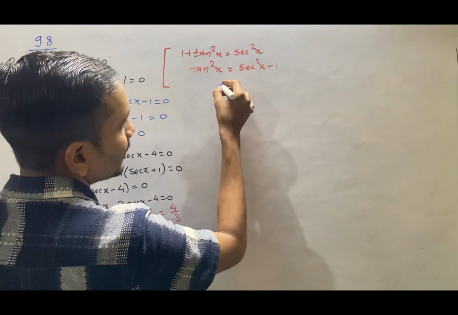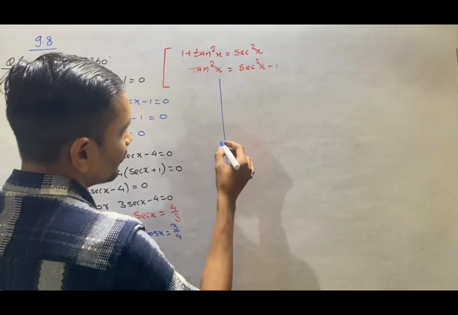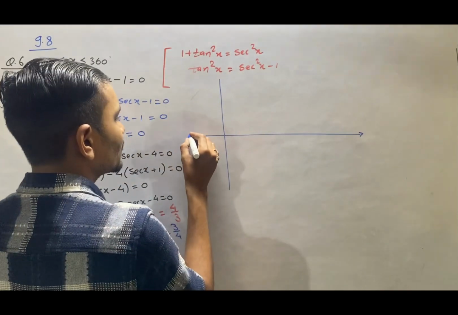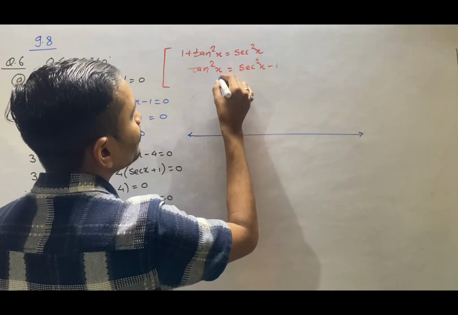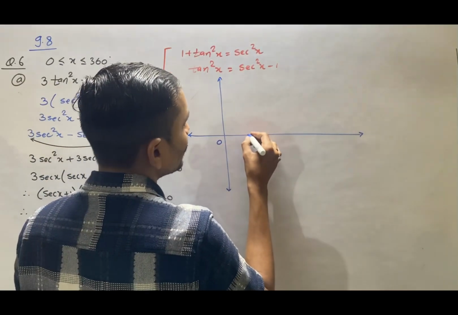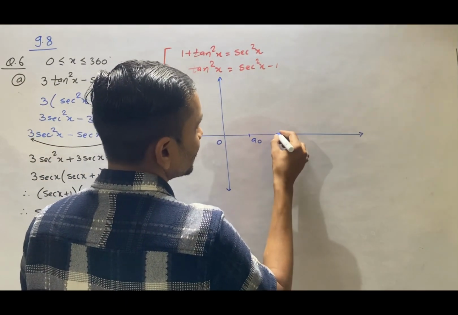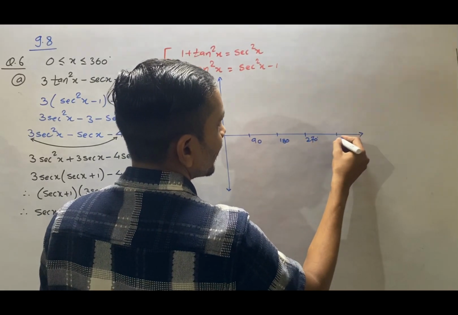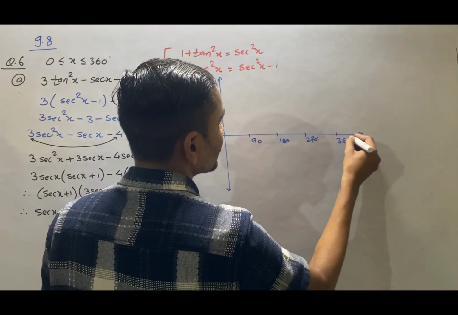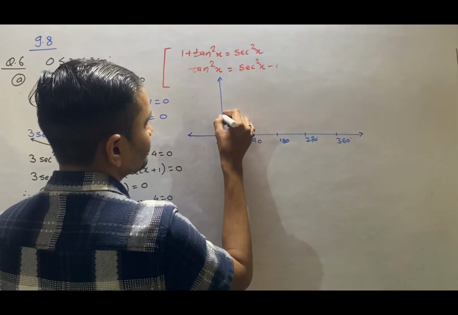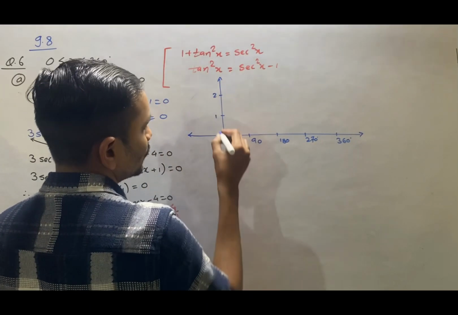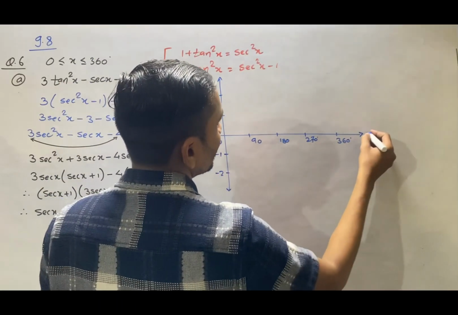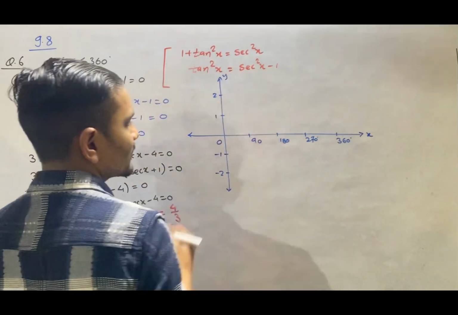So again we are plotting a graph of cos of x. So 0, 90, 180, 270 and 360. This is 1, 2, negative 1, negative 2, with x-axis, y-axis.